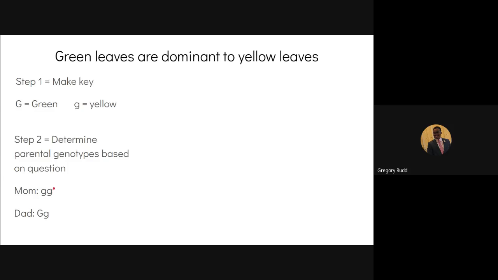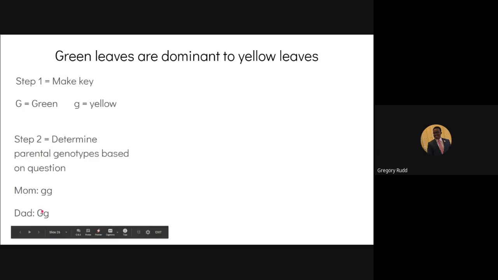When I have 2 lowercase letters, what is that called? Yes, thank you, Nick. 2 lowercase letters is called homozygous recessive. So mom's genotype is homozygous recessive. And what about dad's genotype?